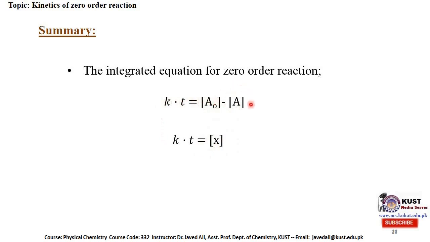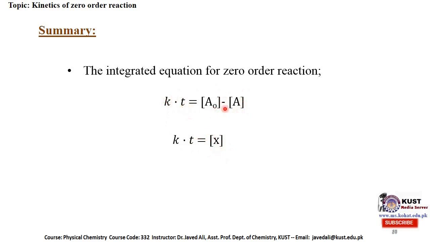These two are very important equations, and we can predict and determine the concentration of product at any time if we know the rate constant. Just by putting the value of t, we can determine the concentration of product. Similarly, if we know the initial concentration and the rate constant, we can determine the reactant concentration at any time.